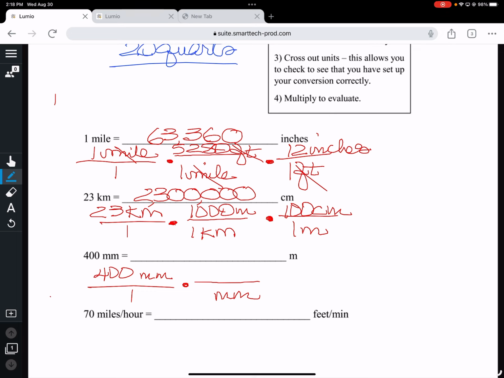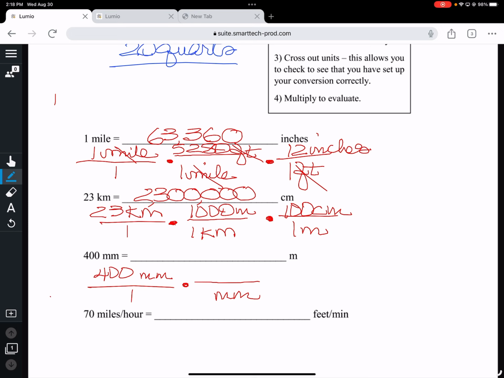So we're going from millimeter to meter, but we're going to have to go by way of centimeter. So how many centimeters? No. Look on your sheet.